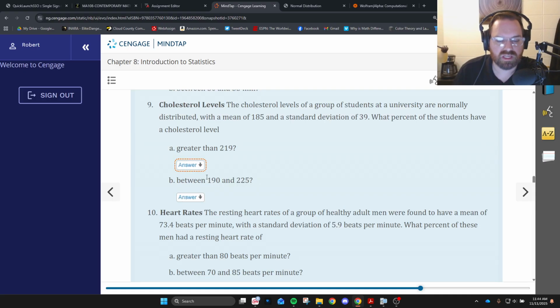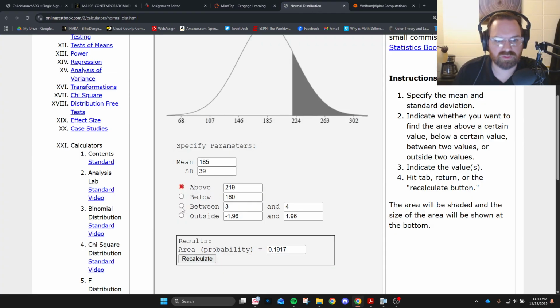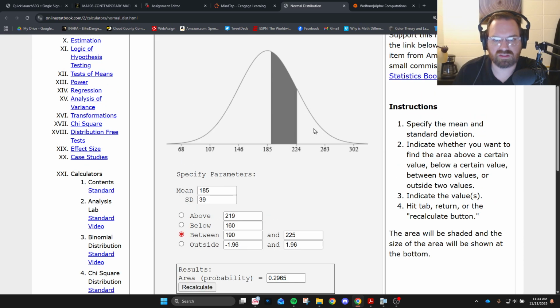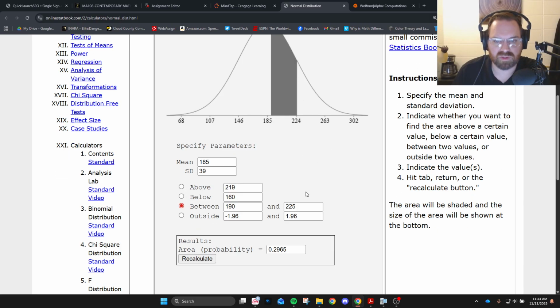Close this out. So we're going to look now between 190 and 225. I just punched these in here, 190 and 225. Tab out and take a look. It fills in the bell curve right where our data lives between 190 and 225, and we get the probability, 29.65.